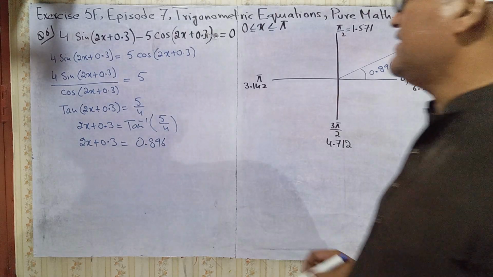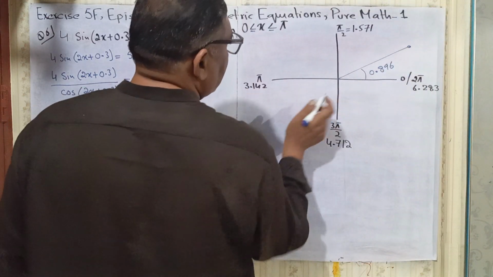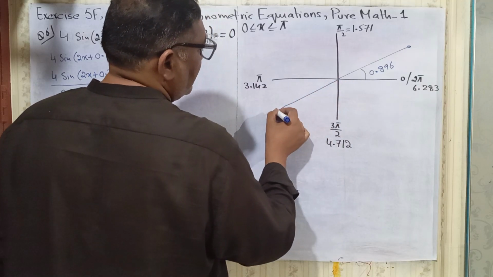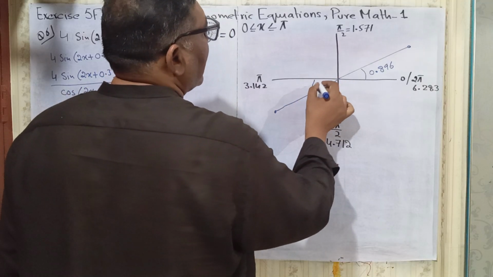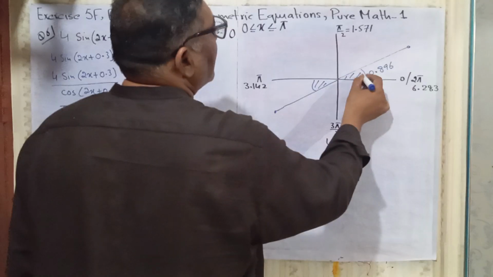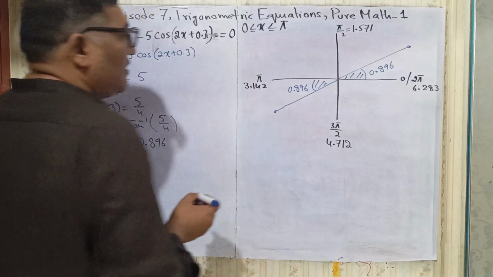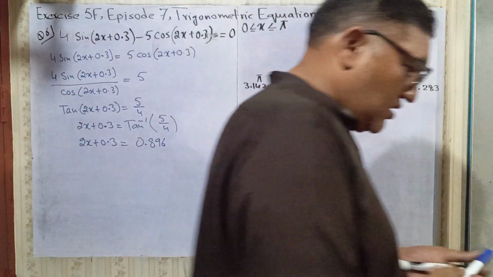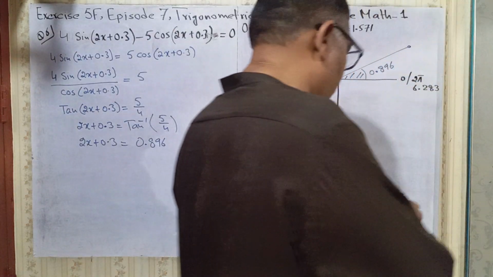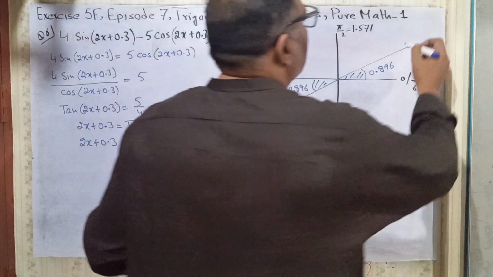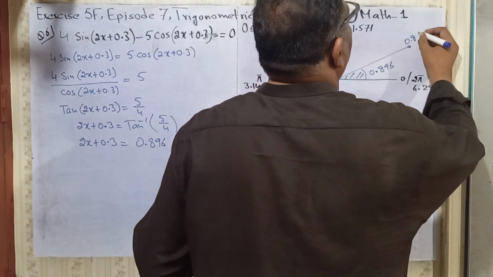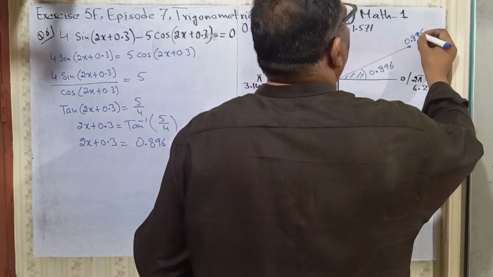The tan is also positive in the third quadrant, so this is also here. The base angle here will also be 0.896.